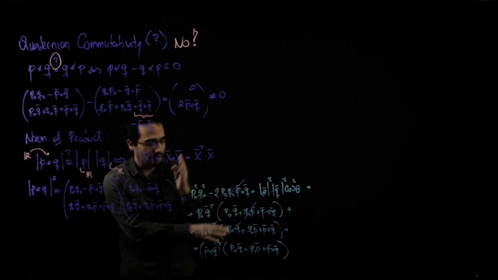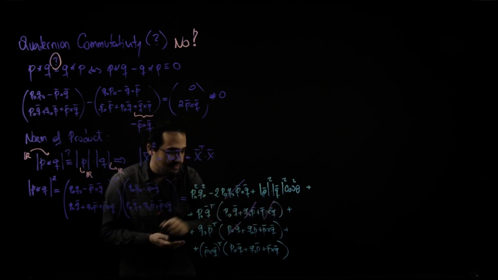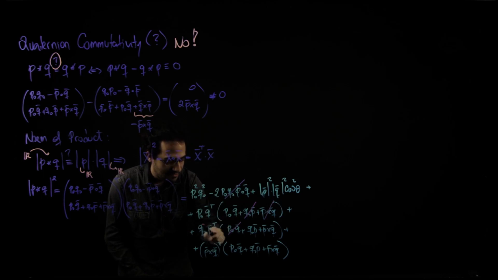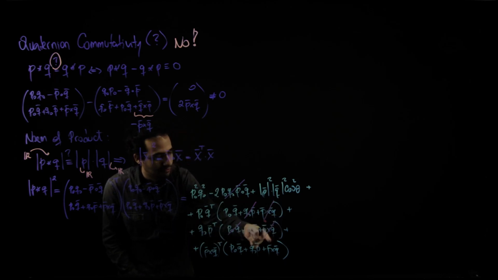Because the dot product of orthogonal vectors is 0. Therefore, this term here will be 0 as well. For a similar reason, this term here will also be 0. This is orthogonal to P. When you do dot product with P, it will become 0.